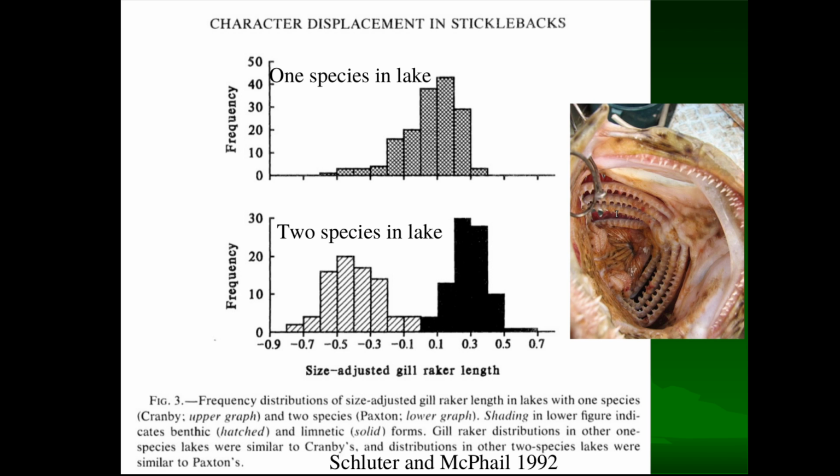So if you plot the distribution of gill raker length adjusted by size of the fish, you found, just as Darwin did, that the gill raker length distributions almost did not overlap at all between two species in the same lake, while either species alone in different lakes had gill raker distributions that completely overlapped.